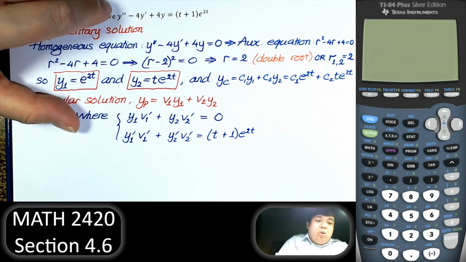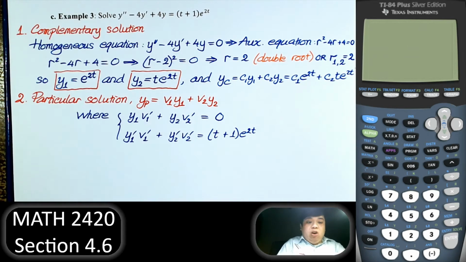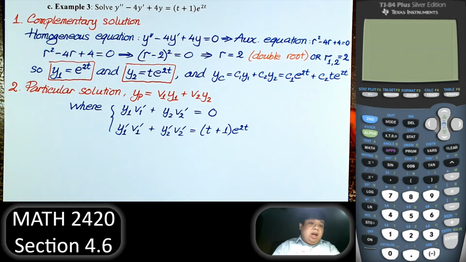Yeah, that's why I want the leading coefficient to be 1. In that case, it's just the input function, which will be a lot more convenient. Right, so the system of equations, Cramer's rule.